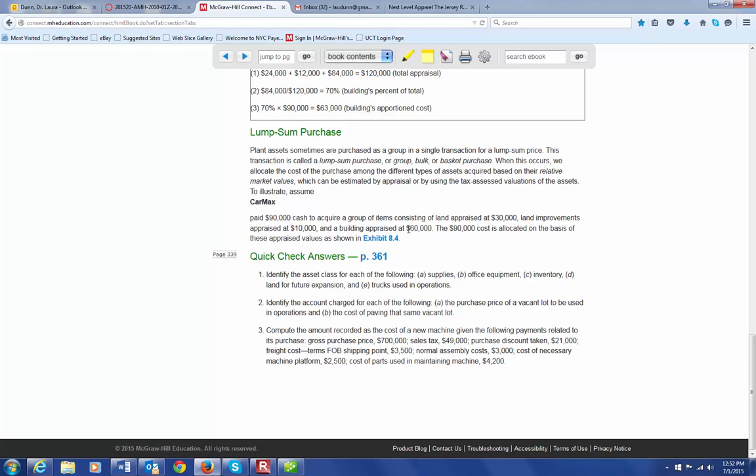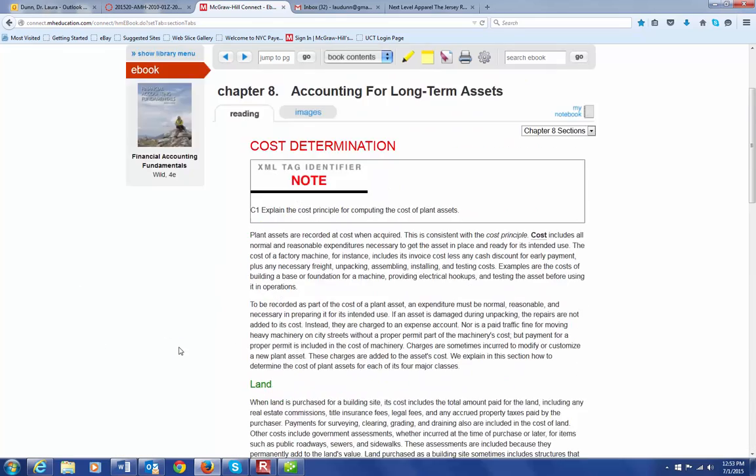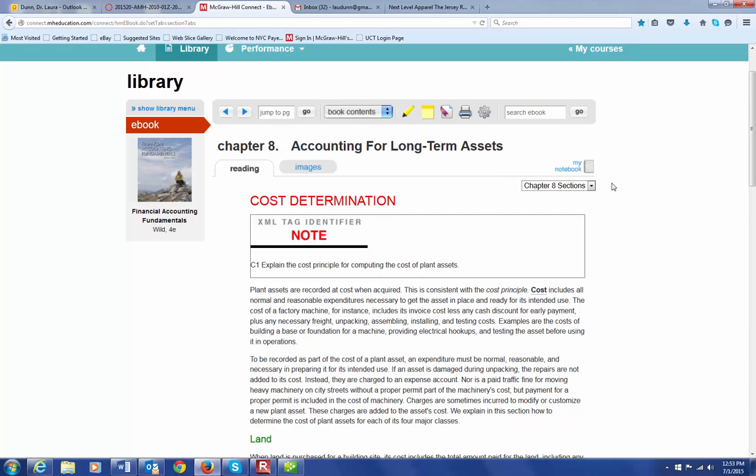These appraised values add up to $100,000, but you only paid $90,000. So you'd have to do an allocation to determine how to apply that $90,000 that you paid to those three different items. Also listed on this page are some quick check answers so that you can look at these and then go to page 361 to check your own answers and make sure that you understand this material.